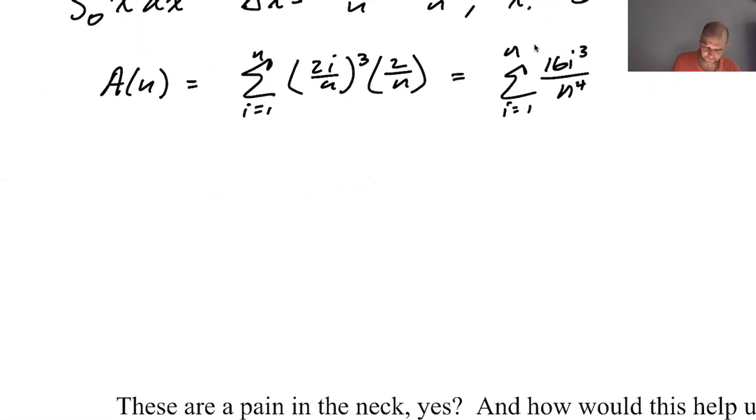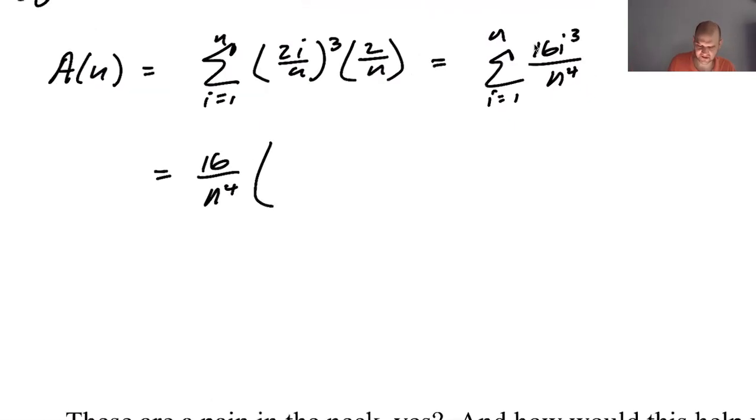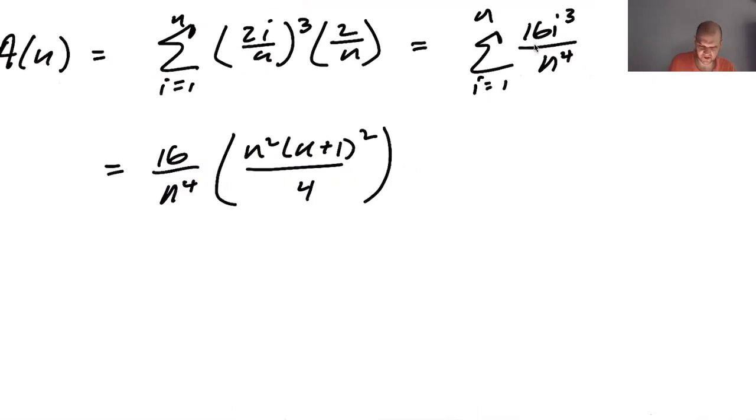We haven't really seen it before, but it's not a problem because the sum of i cubed is, if you can remember the sum of i, which is n times n plus 1 over 2, the sum of i cubed for whatever cosmic reason is the square of that. So it's n squared times n plus 1 squared over 4. It's like n plus 1 over 2, but then square the whole thing. That gives you the sum of i cubed. That's magic right there. I'm not going to do anything with that.